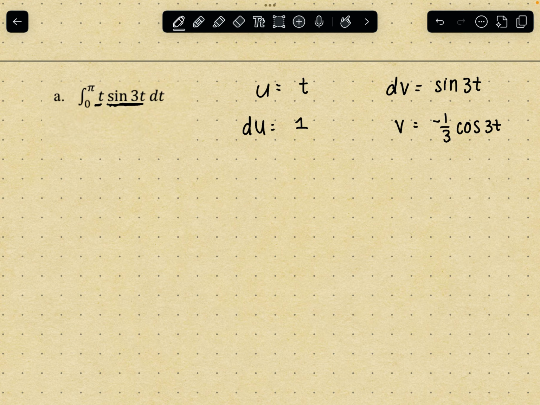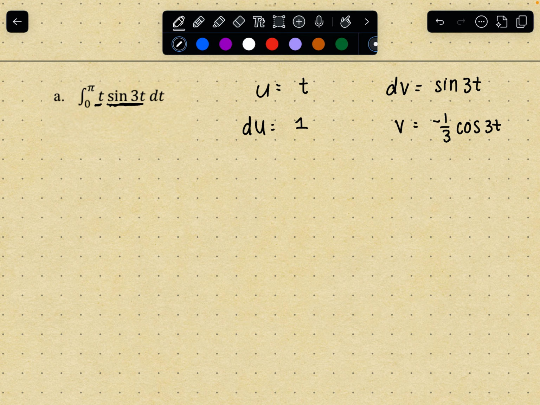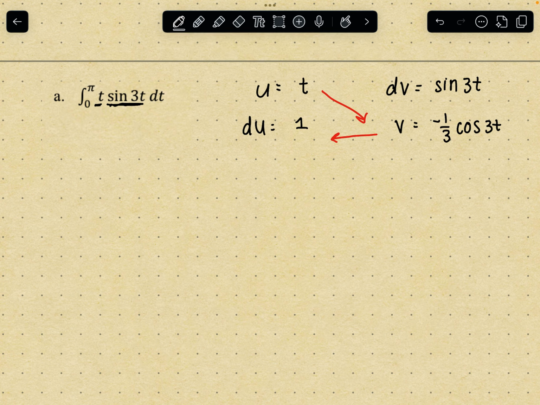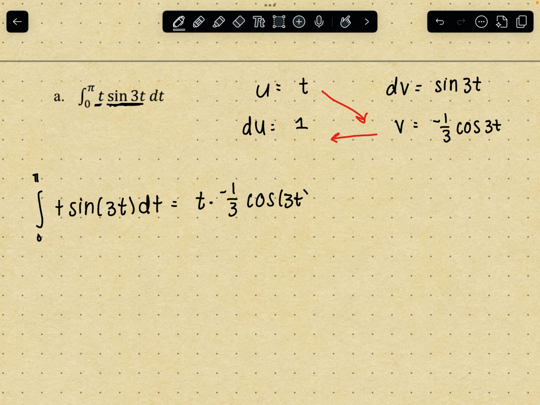All right. So again, remember, we're doing u times v minus the integral of v du. So our integral from 0 to pi of t sine 3t dt becomes t times negative 1/3 cosine 3t minus the integral of v, which is this, times dt.